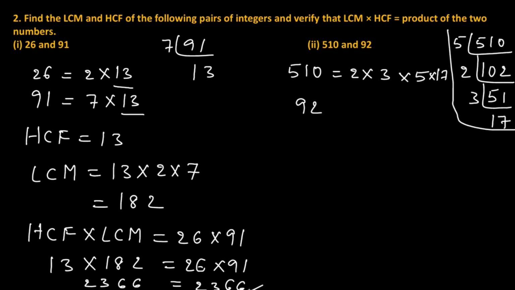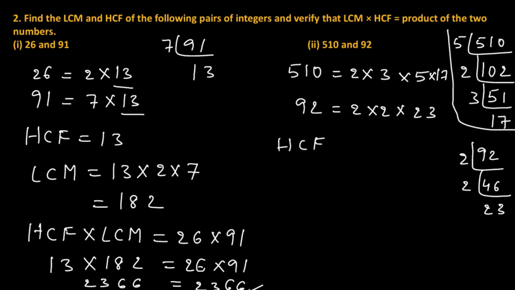Now for 92, the prime factorization, same method. It is an even number, so first go with the 2 table. 2 twos are 4, 2 sixes are 12, 2 twos are 4, 2 threes are 6. So 23 is a prime number. Now 2 into 2 into 23. What are the common factors for the HCF? 2 and 2.